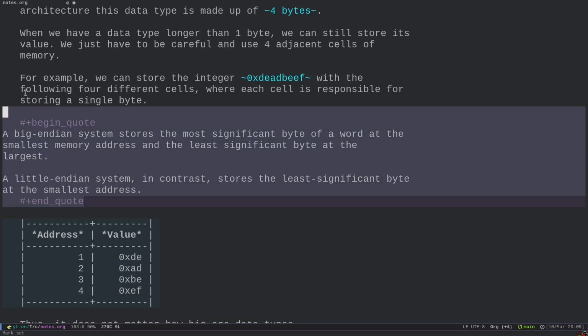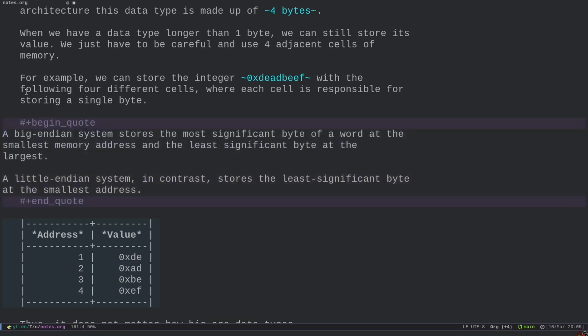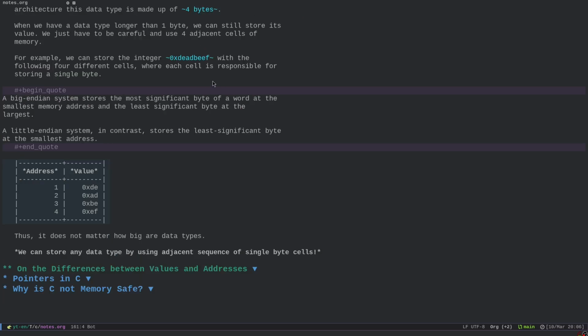Why do we have to make this choice? Because, as we said, memory works with atoms of 1 byte, so we can store any value we want. We just have to decide how we split it up. And here, by the way, a word is just a sequence of bytes. It can be 4 bytes, it can be 8 bytes. Typically with a word, we refer to 4 bytes specifically, but it can also be longer.